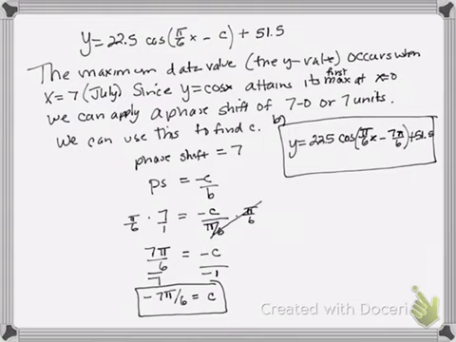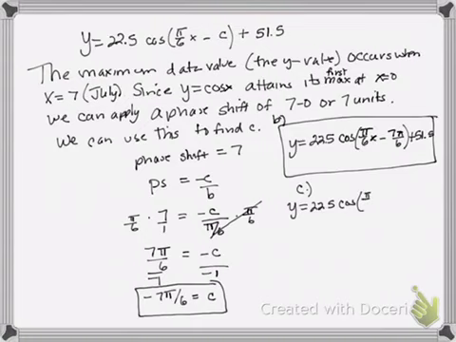And the C part wants you to find the temperature when the time, or x, is equal to 8, the 8th month. So that 8th month is August. So you just need to substitute 8 in for x.